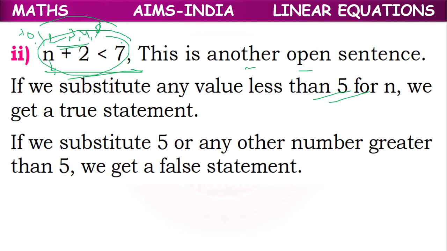It's a true statement. But if we substitute any value greater than 5, like 6 plus 2 is 8, which is not less than 7. If we substitute any value 5 or greater than 5, then we will get a false statement. So this inequation is also an example of an open sentence.